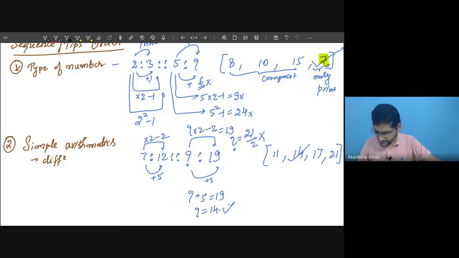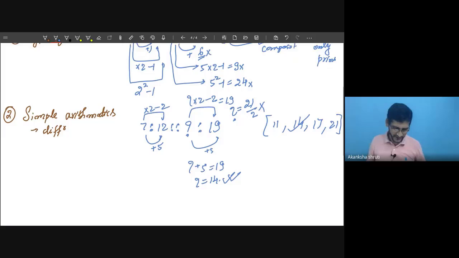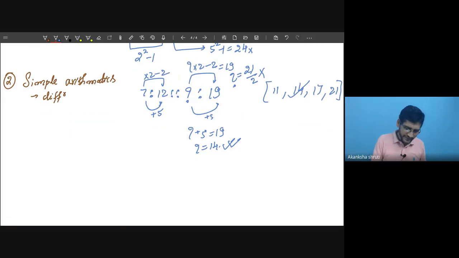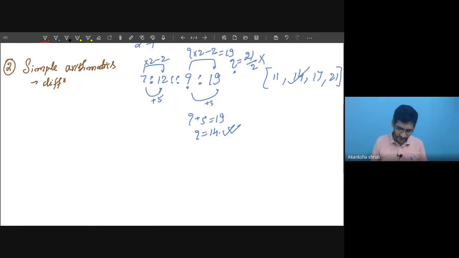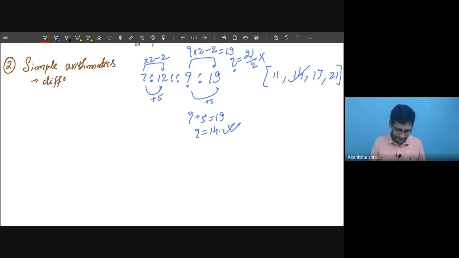So in this case, we are observing it is based on very simple arithmetic, simply the difference based. After difference based, you must go for slightly complex. In this case, there is no difference series, it is not there. But it may be possible that the difference square is to be added.